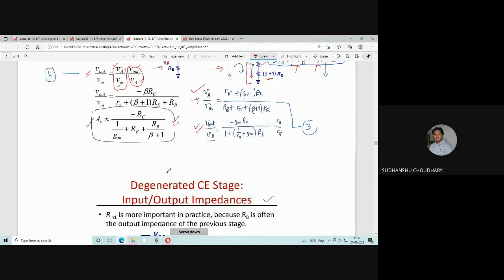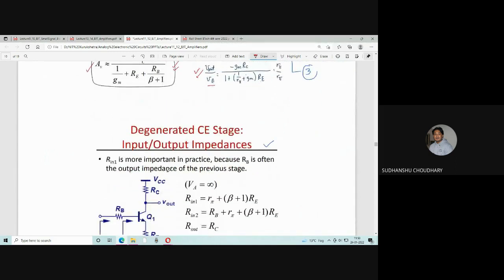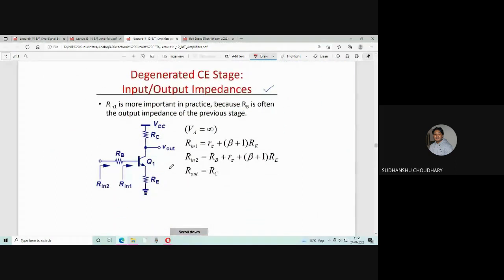So now similarly one can find the input and output impedance. Okay. So input and output impedance of this circuit with base resistance and emitter resistance both can be found. So how can it be found? Input impedance can again be divided into two.